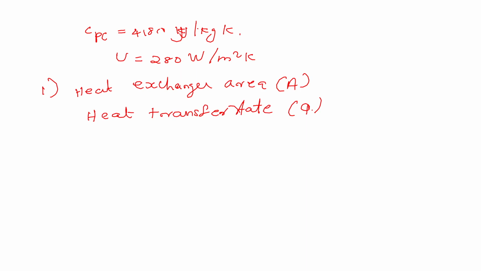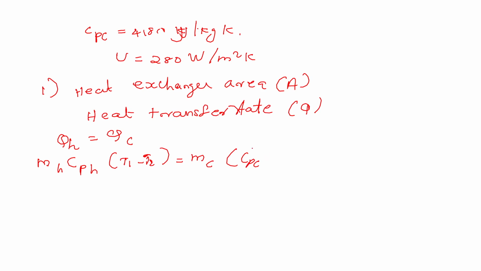So we can write it as QH is equal to QC. Now we have to apply the formula: mH CPH times (T1 minus T2) is equal to mC CPC times (small letter t2 minus t1). Now all the parameters are given except t2. From this you can calculate the t2 value.